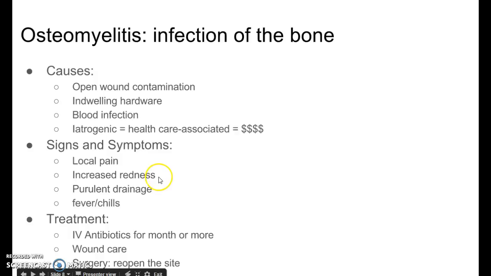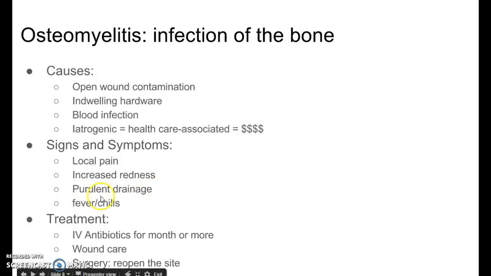Increased redness. Now we're getting into things associated with infection. A lot of the others that have to do with poor circulation are going to do the opposite and cause cyanosis or paleness, because they're not getting enough circulation. So this increased redness is going to be specific to infection.